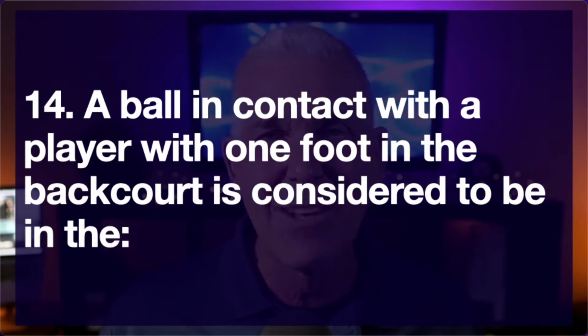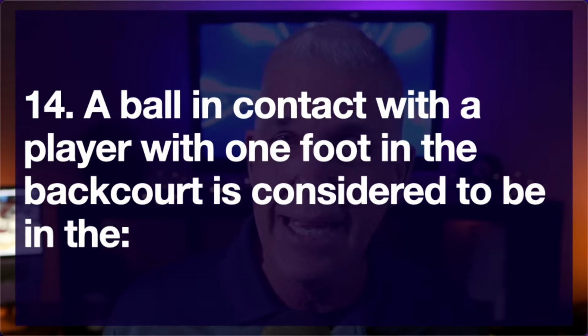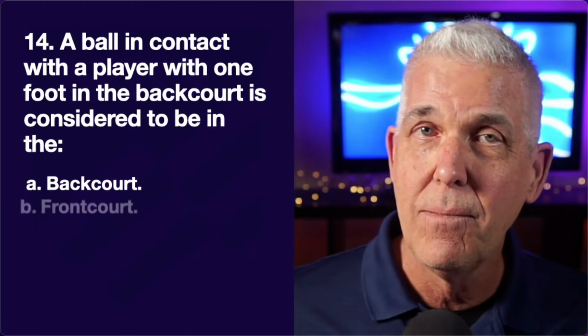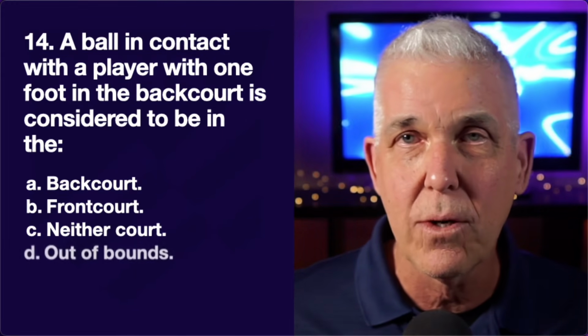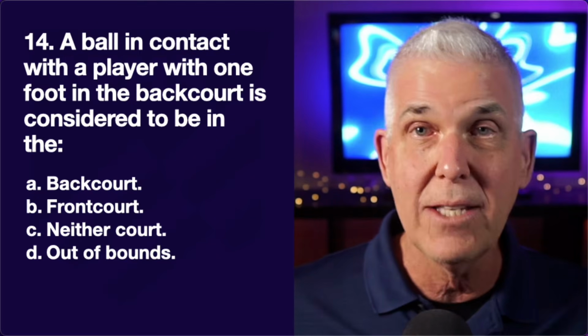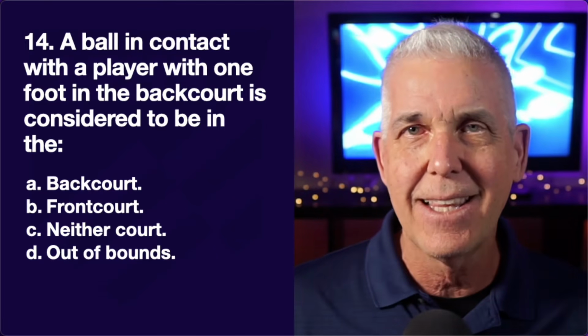A ball in contact with a player with 1 foot in the backcourt is considered to be in the A, backcourt, B, front court, C, neither court, or D, out of bounds. All right, so for our new officials, understanding status in the game.